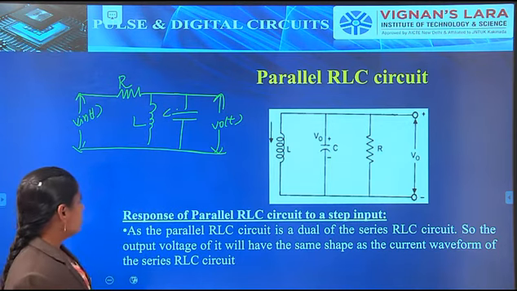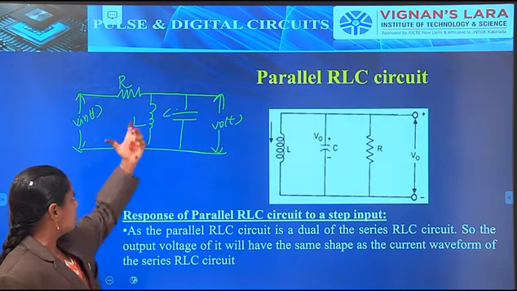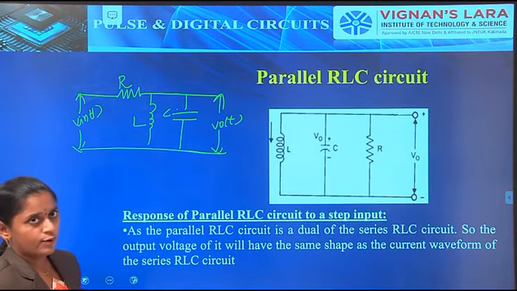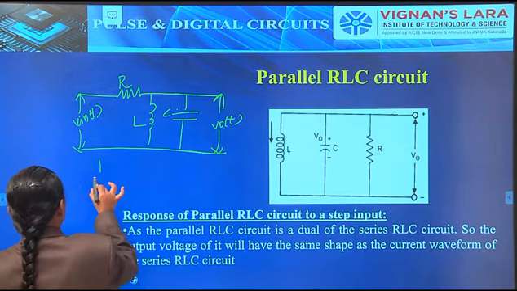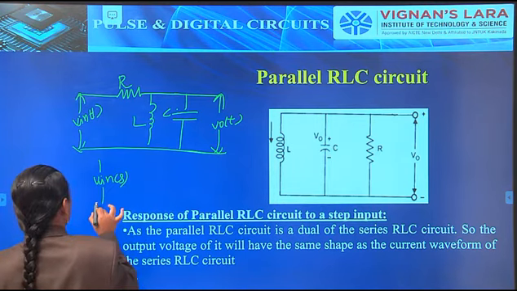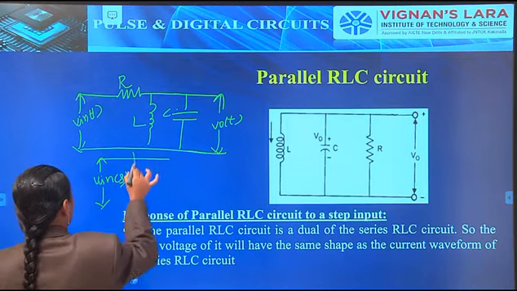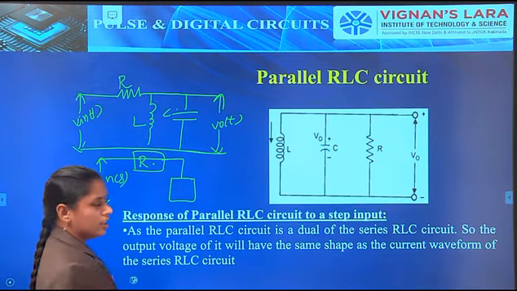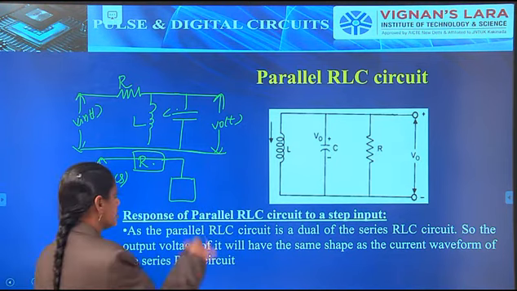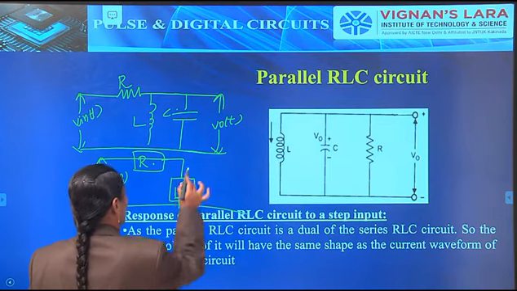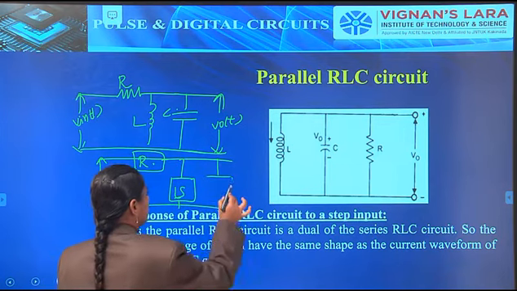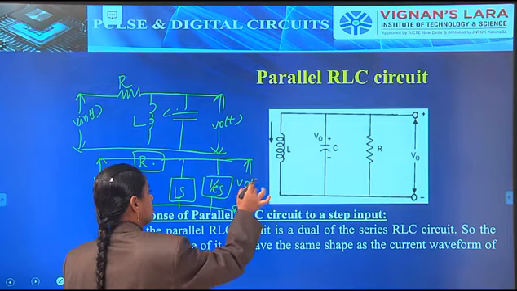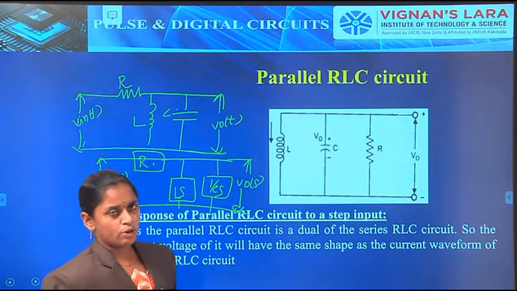By nodal analysis, first I want to apply a Laplace transform to the circuit itself. So the circuit becomes V of S, and R is R, and L becomes Ls, and the Laplace transform of C is 1 by Cs, and V naught of S. From the nodal equation we have to write the circuit.